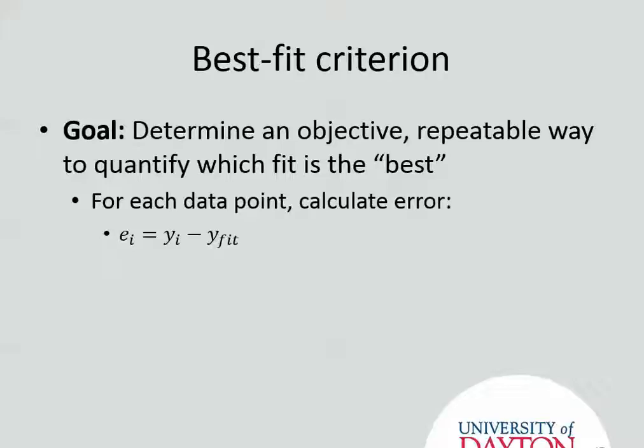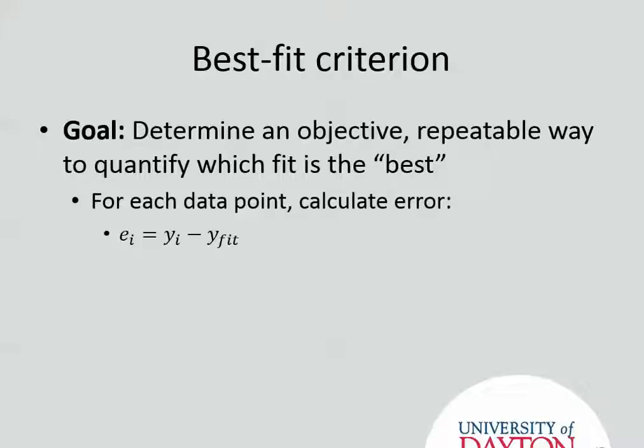See if I can draw a straight line here. Not terrible. Kind of straight. I'm not one of those people that just draw a straight line without a ruler. So we'll pretend like this is the nice straight line. And now that I have a line fit to my data, whatever it is, straight or not, I can calculate this error. And so for each data point that I have, what does this error represent?